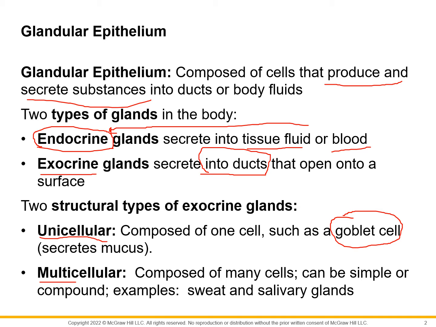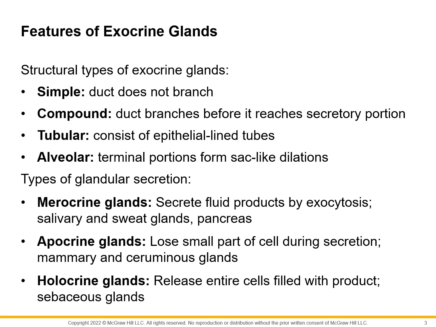We're going to look at the multicellular ones. And again, we're going to be very generic on this. It's going to be composed, obviously, of many cells. That's what multicellular means. And we're going to see the basics of how they're named. Now, these two go together and these two go together.